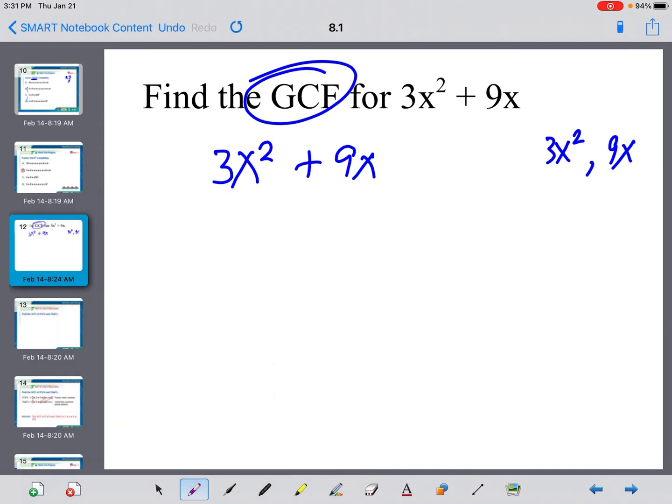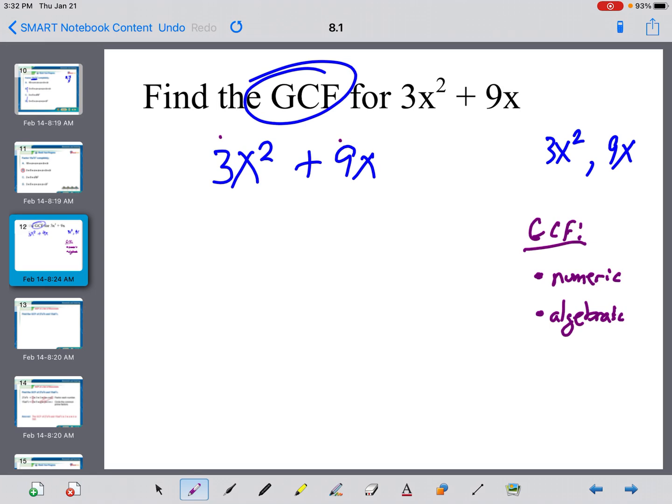So when we talk about greatest common factor here in algebra class, we should recognize that GCFs have the potential for a numeric part and an algebraic part.